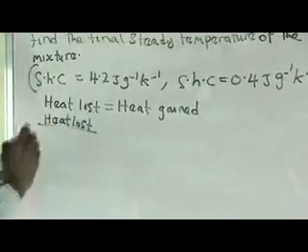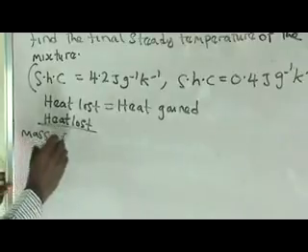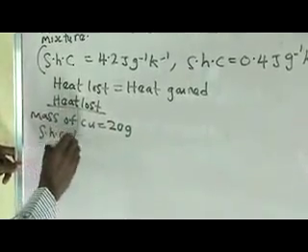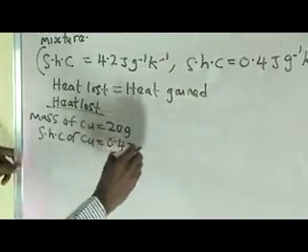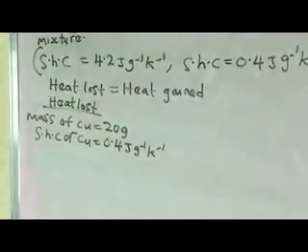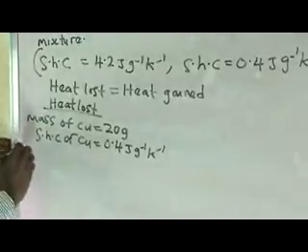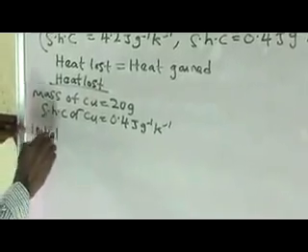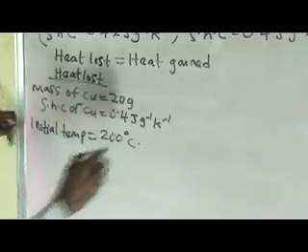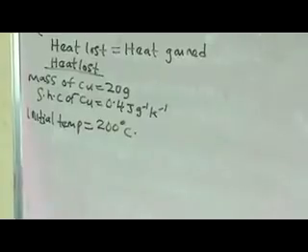For the heat lost, we have the mass of copper, which is 20 grams, the specific heat capacity of copper, 0.4 joules per gram per Kelvin, and the initial temperature of the copper, 200 degrees Celsius.